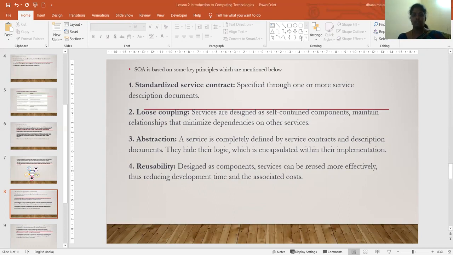Next, service abstraction. Services hide the logic they encapsulate from the outside world. The service should not expose how it executes its functionality. It should just tell the client application what it does and not how it does it.